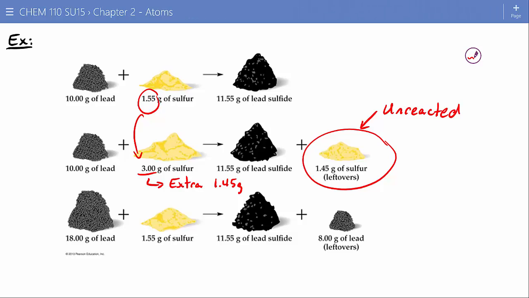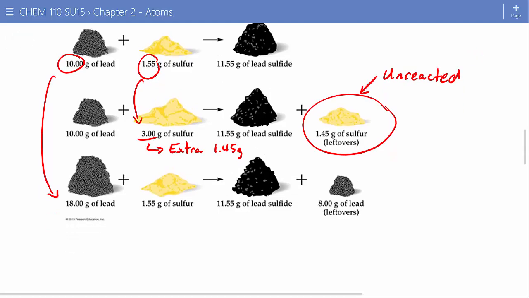All right, if we do the example of the bottom one, what we have here is 10 grams of lead that now has an extra 8 grams added to it, so now we have 18 grams of lead.